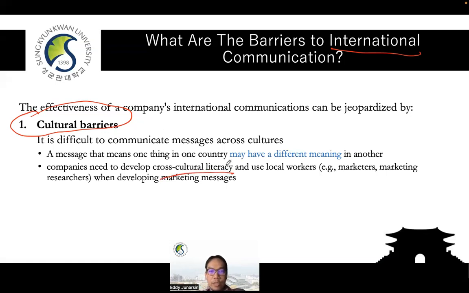So for cross-cultural literacy, always use local advisors to give advice and suggestions as to whether the content and the way we are conveying the messages are accurate and also effective. Sometimes it's accurate but not effective because it's full of distraction. So I think this follows from the cultural differences that we discussed several weeks ago.